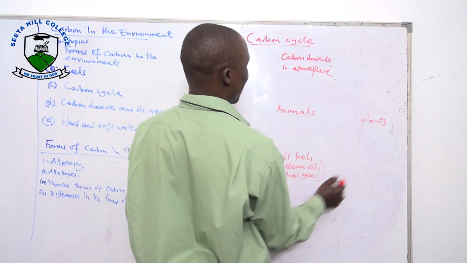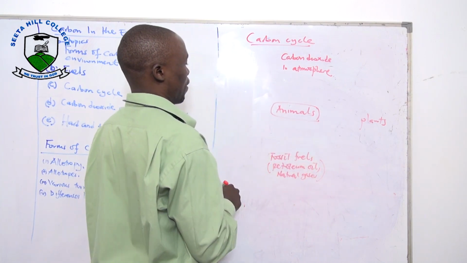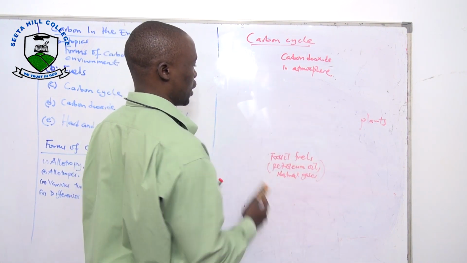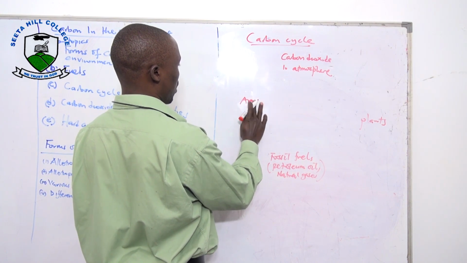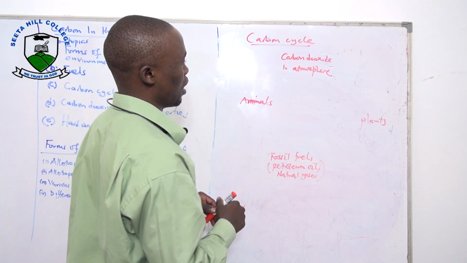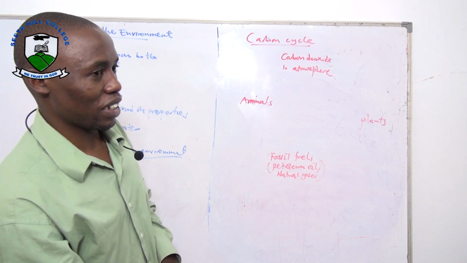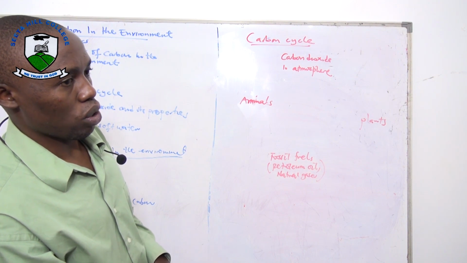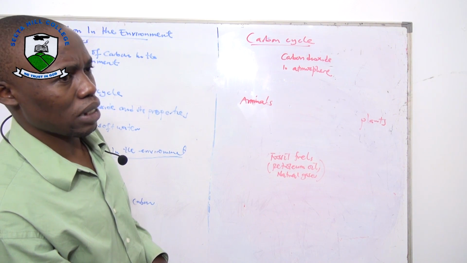Now if we look at this, I think I should shift animals a bit aside so that we can see them. How are they connected? Who takes what? Who eats what? Remember, did we say that all plants and animals are made of carbon?